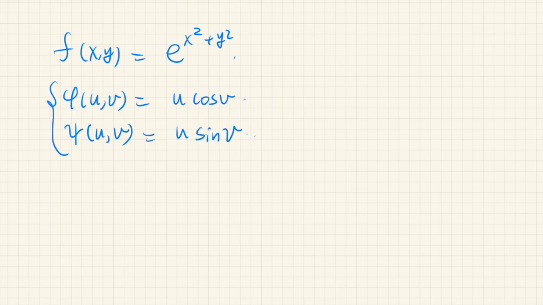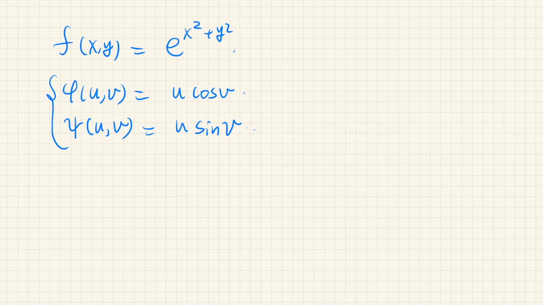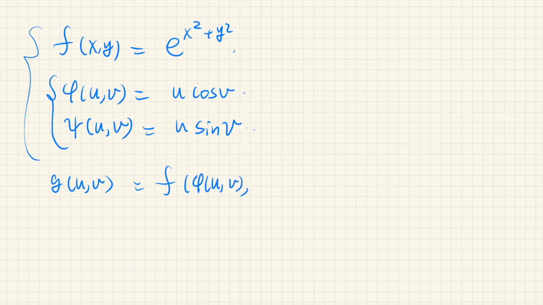So these are actually the polar coordinates of u and v. Okay, so v is the angle from the horizontal axis, and u is the distance from the origin. Right? And so we can define the composite. Let's define that as g of u and v. So that is f of phi of u and v, and psi of u and v.